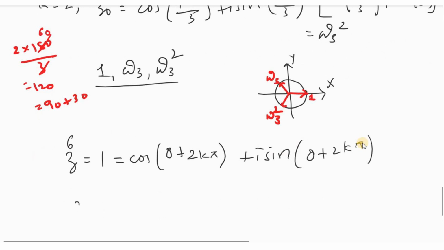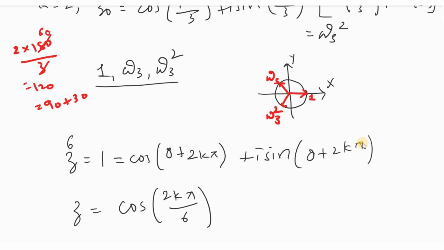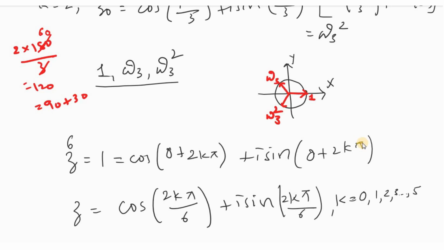So that means z I can write as cos 2k pi by 6 plus i sine 2k pi by 6. What is the value of k? You will have 0, 1, 2 up to n minus 1. Here n is 6, so it is till 5 you will have. So it is 3, 4, 5. So these are the values you will have.